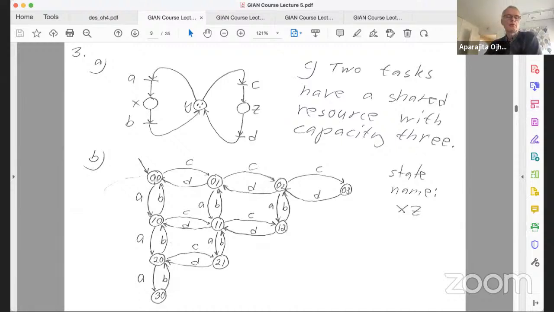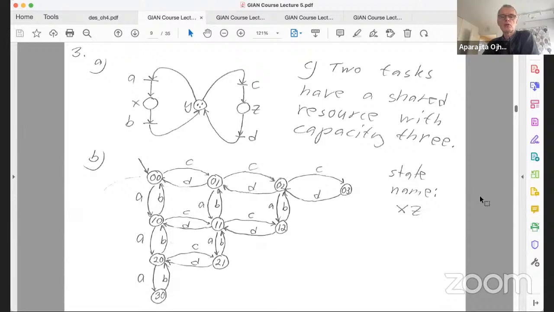And then we see that 3 A's in a sequence generate 3 tokens in the first place, but then you cannot add any more. You have to do at least one B event to get something back here, so you can continue and also execute C and D events. So all the possible states are given by this.